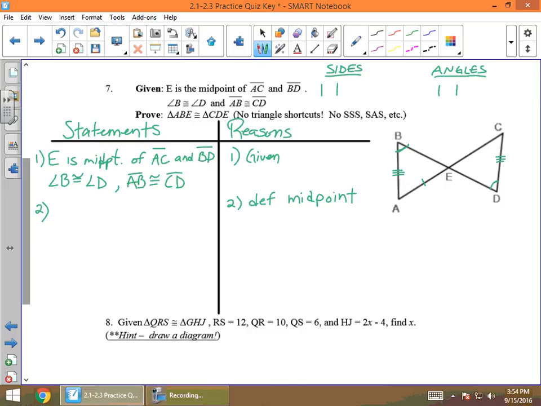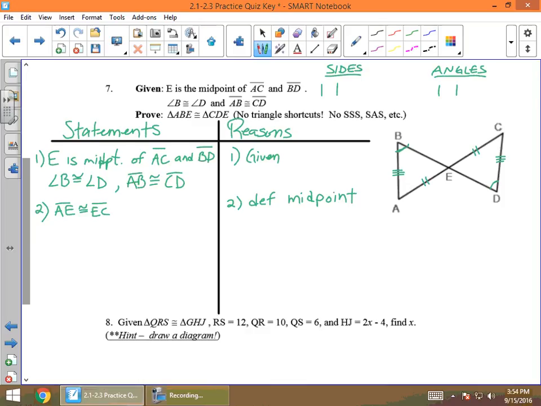AE right here and EC have to be the same because E is a midpoint. So I'll write that. AE congruent to EC.